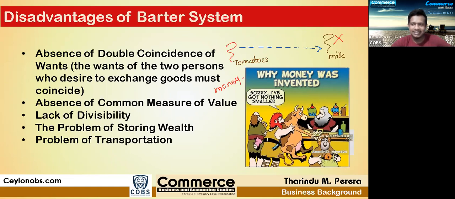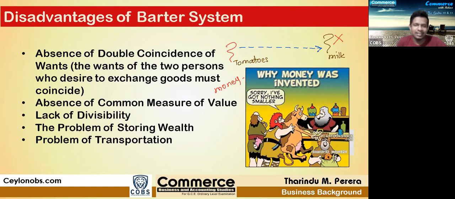This is a bar shop, and someone is carrying his cow to the bar. What is he saying? "Sorry, I've got nothing smaller." He had nothing smaller than this to exchange to buy beer. So that's why money was invented.